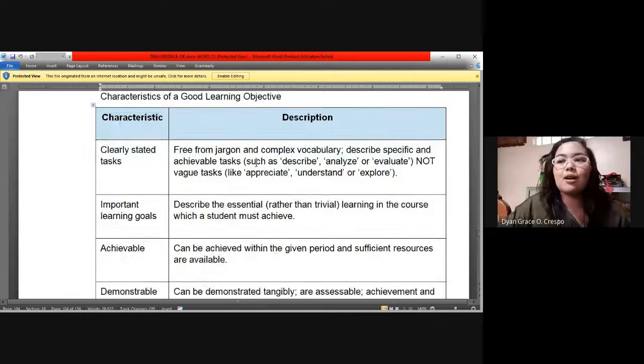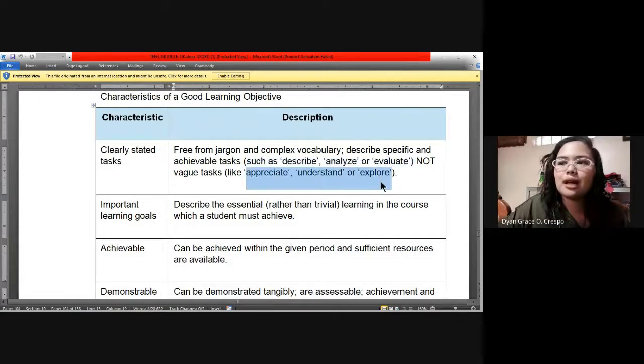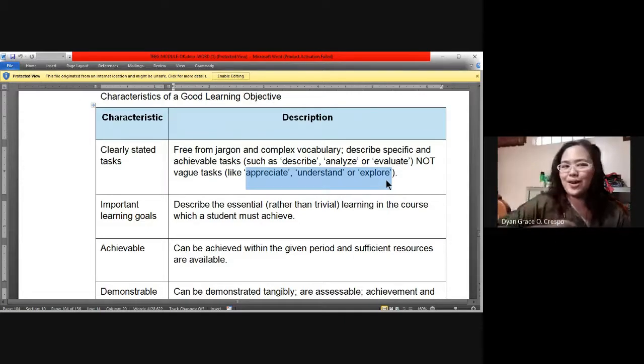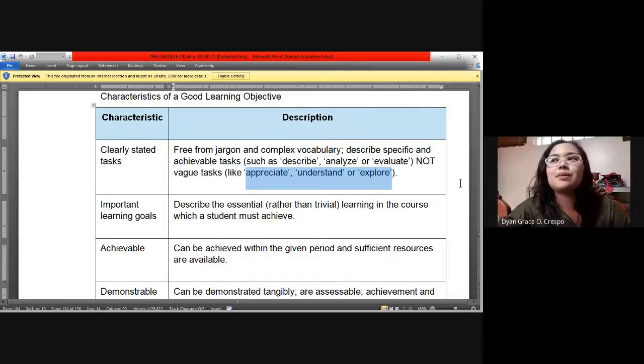For example, describe, analyze, evaluate are better than appreciate, understand, or explore, because those cannot be observed. The students appreciate beauty. Okay, how do you appreciate beauty? Ideally there should be only one verb. But this could work: the students appreciate beauty by taking pictures of nature. That works. But they say the verb should be only one. In that case, give a sense of appreciation by painting or by reciting a poem.